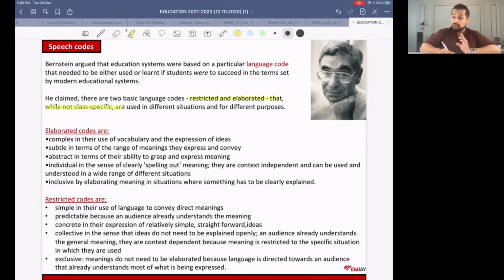I'll say that again. According to him, they're not class specific, but they are used in different situations and for different purposes, right? When we're saying they're not class specific, we're talking about the different situations or purposes where you use them, right? Now, like I had said, elaborated codes are usually used by the middle class alone, whereas restricted codes are used by the working class as well as the middle class pupils, right?